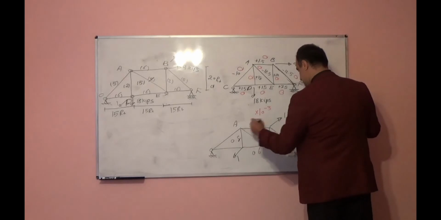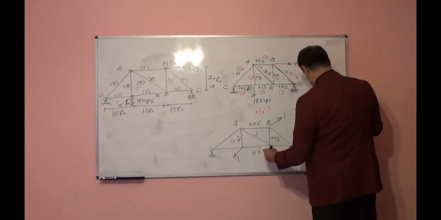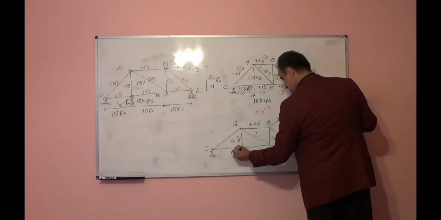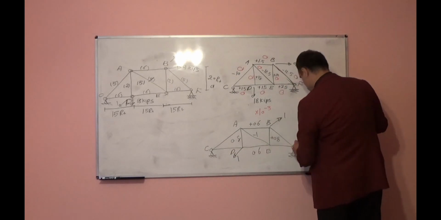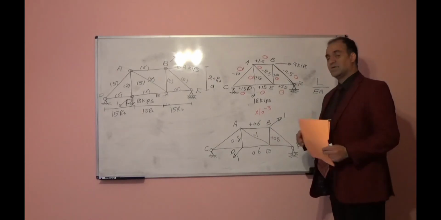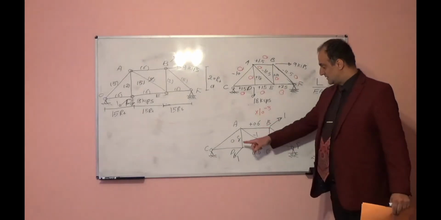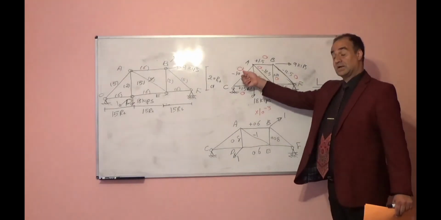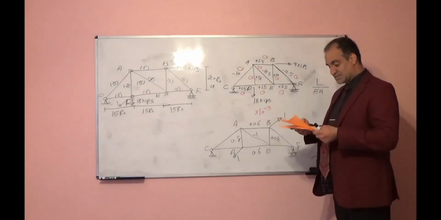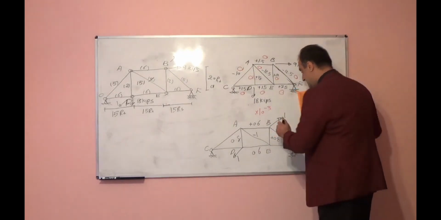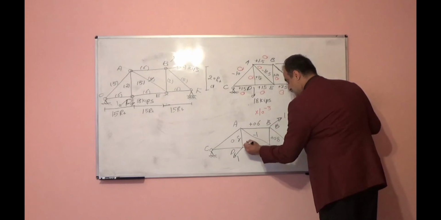So A, B, C, D, E, F. Other members' forces will be 0. Now you will multiply these internal forces by these elongations. That will give us the relative displacement of point B with respect to D.